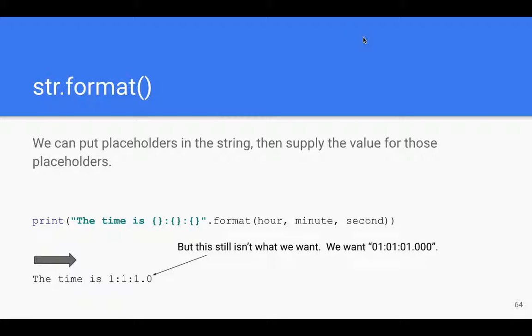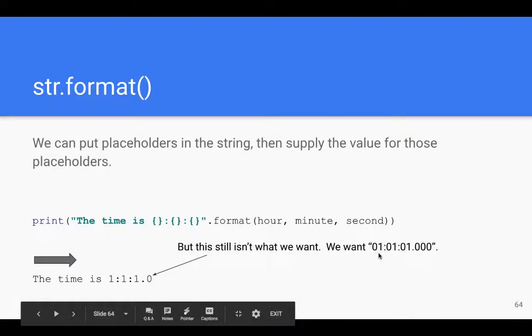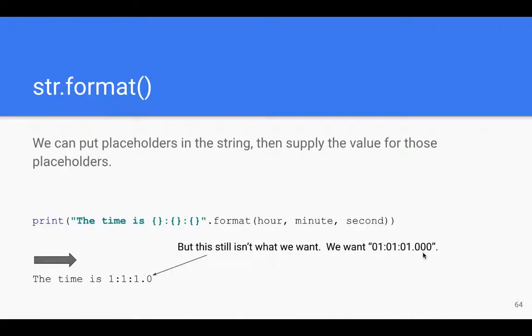Okay, that's all good. But still, it's not what we ultimately want, right? If we put a 1 here, we want it to be 01, and so on. And also, we want the floating point number to have 3 decimal places to represent milliseconds. So how do we achieve that?